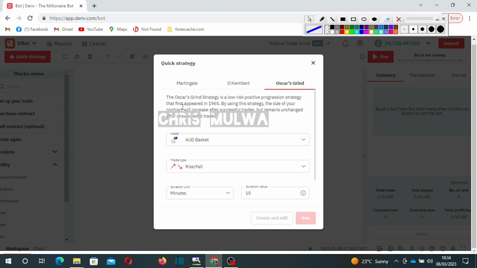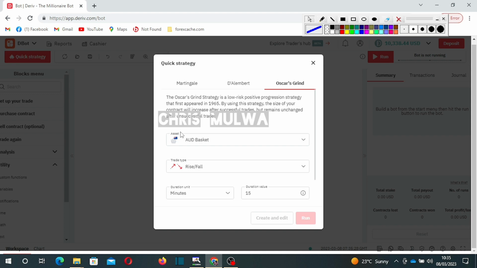By using this strategy, the size of... so Oscar's Grid is the low risk positive progression strategy that first appeared in 1965. By using this strategy, the size of your contract will increase after successful trades, but it remains unchanged after unsuccessful trades.